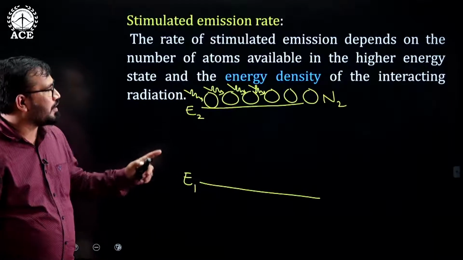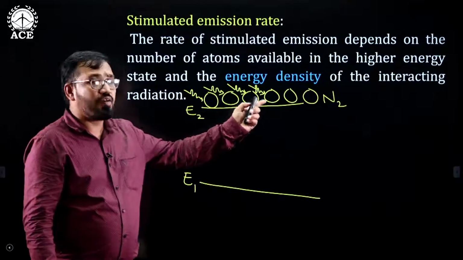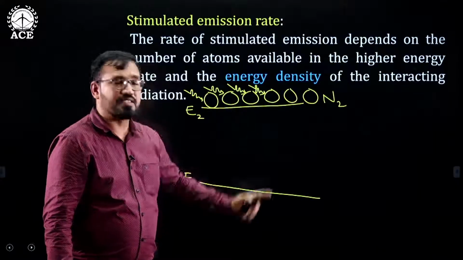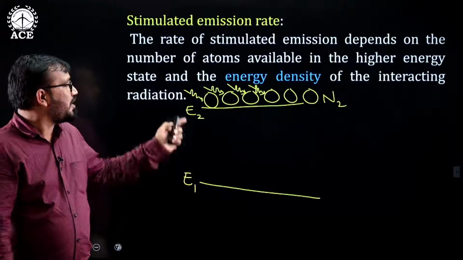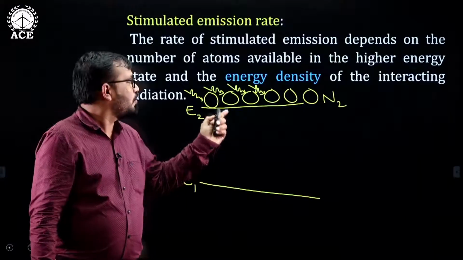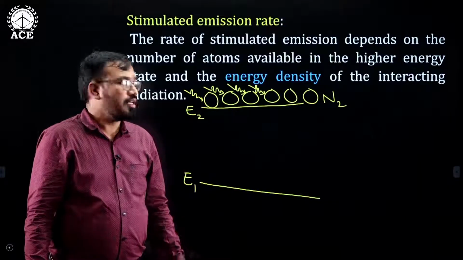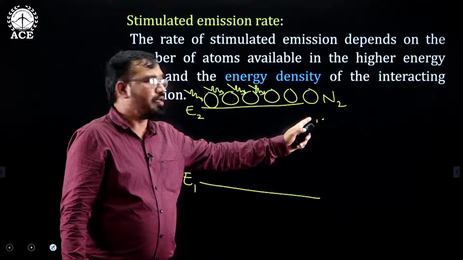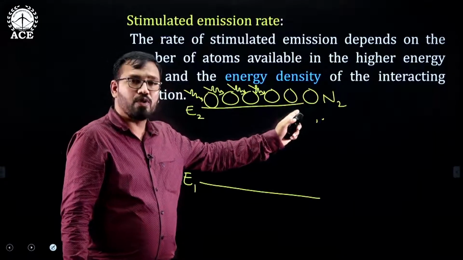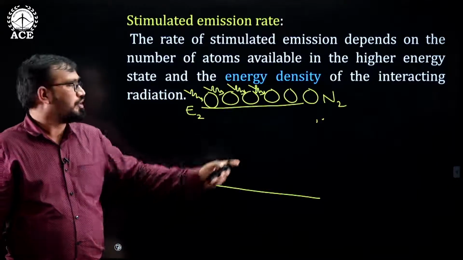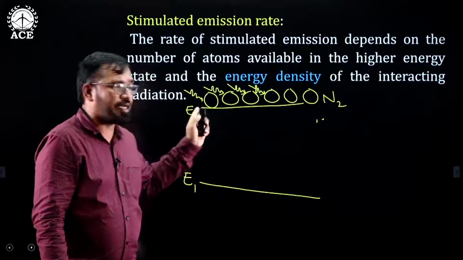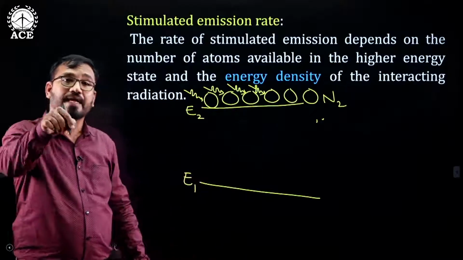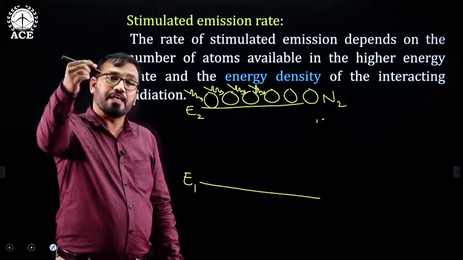For example, see here, you have N2 number of atoms, say 1, 2, 3, 4, 5, 6, six atoms are there. But how many external photons are interacting? Only 4. It means it not only depends on the number of atoms present in the E2 level, that is, the transition of atoms from E2 level to E1 level. It not only depends on the number of atoms here, N2, but also on the number of photons interacting with the atoms present in the E2 level.